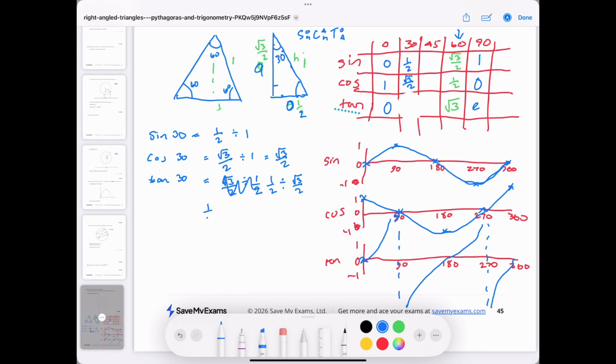So it would be half times 2 over root 3, which is inconveniently 1 over root 3. So we'll times that through by root 3 over root 3, and we'll get root 3 over 3. So that is root 3 over 3.